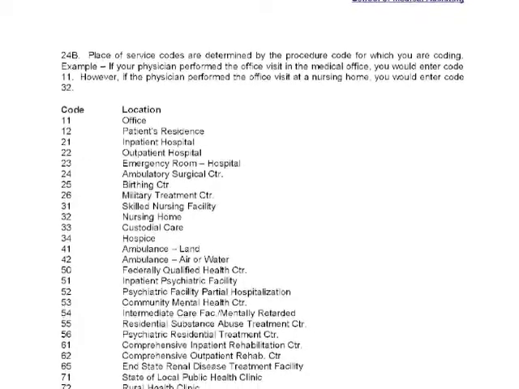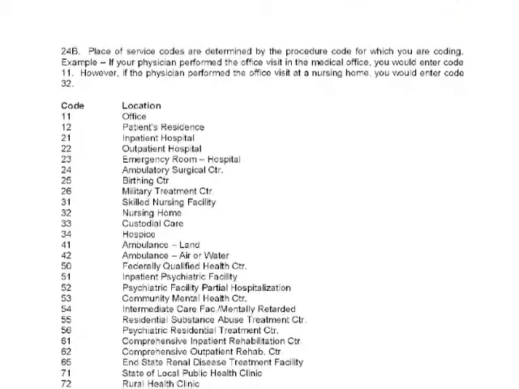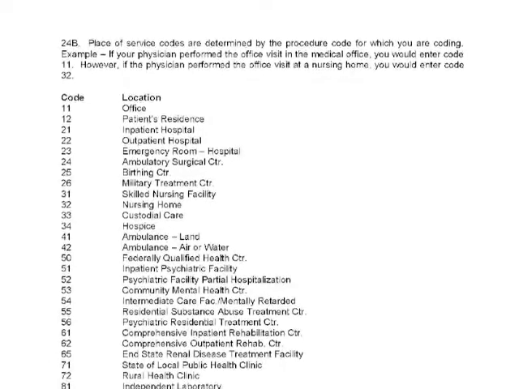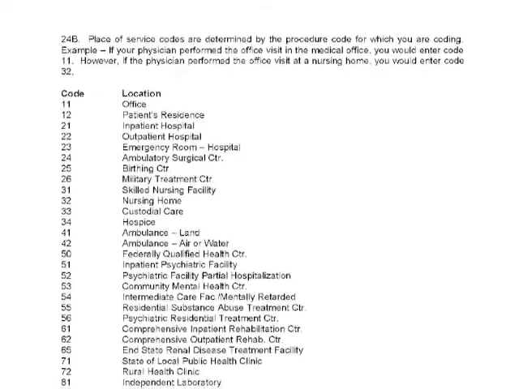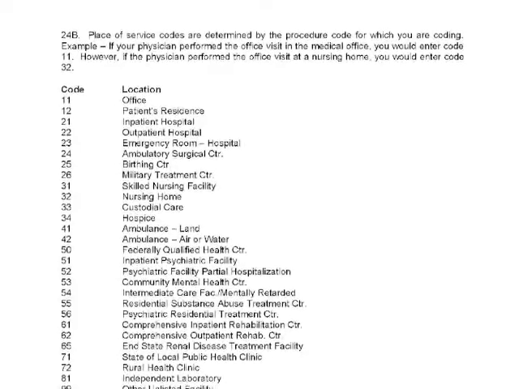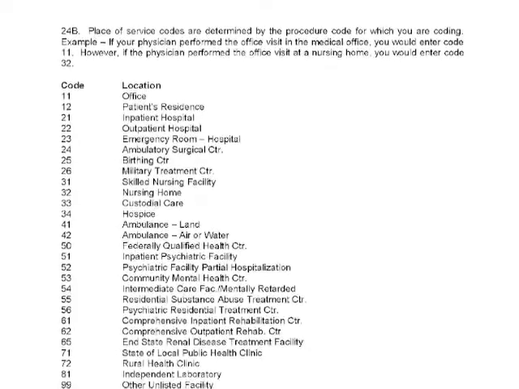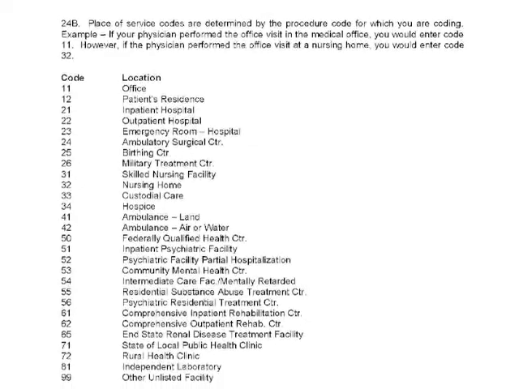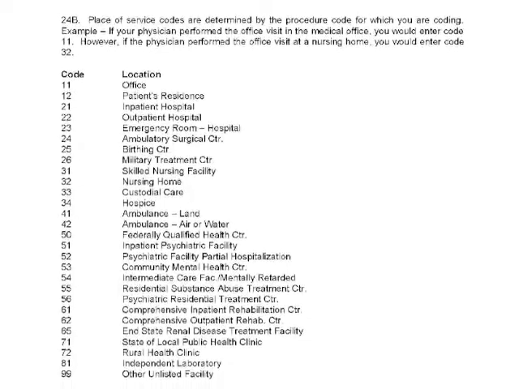31, skilled nursing facility. 32, nursing home. It's all about the title when you're differentiating between those two. You will know where you're working, so you'll know which code to actually use. You'll be using the same code over and over again. 33, custodial care. 34, hospice. 41, ambulance.